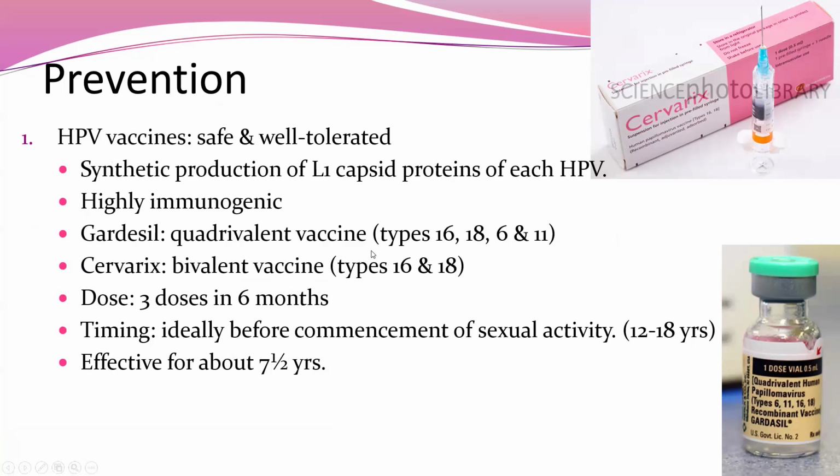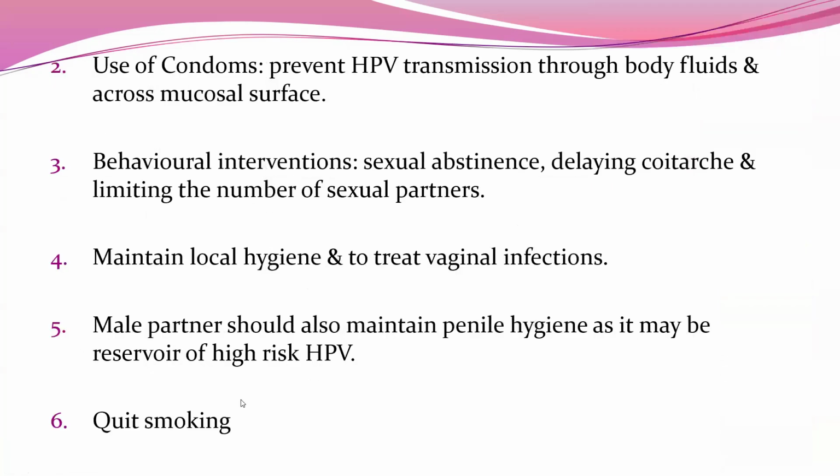Gardasil is a quadrivalent vaccine which covers high risk types 16 and 18 and low risk types 6 and 11, while Cervarix is bivalent, covering types 16 and 18. Usually 3 doses are given over 6 months, and it is effective for at least 1.5 years.